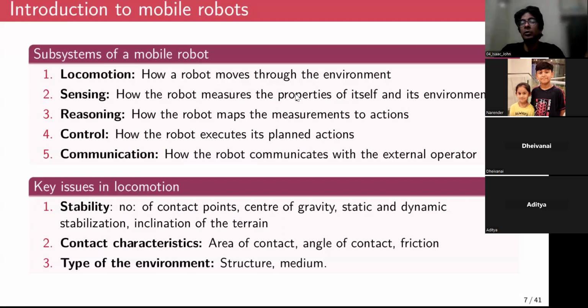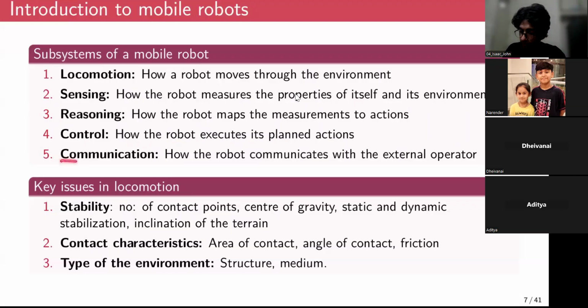The controller will take an informed decision based on the data from the sensors, and then it'll be converted into actions. So that's what a controller does: how the robot executes its planned actions. The controller will deliver the planned actions to the actuators, and according to the desired control input, the actuators would start moving and the robot would move accordingly.